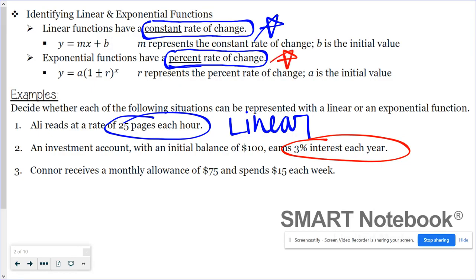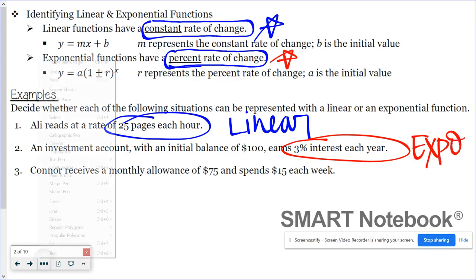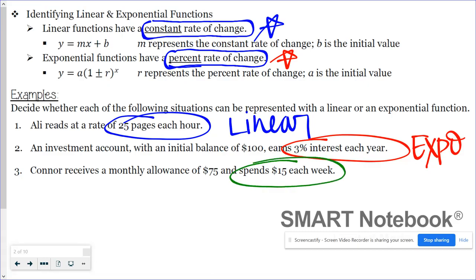That's a percent rate of change. So number 2 is an exponential function. And then in number 3, Connor receives a monthly allowance of $75 and spends $15 each week. $15 each week, that's a constant rate of change. So number 3 is a linear function.